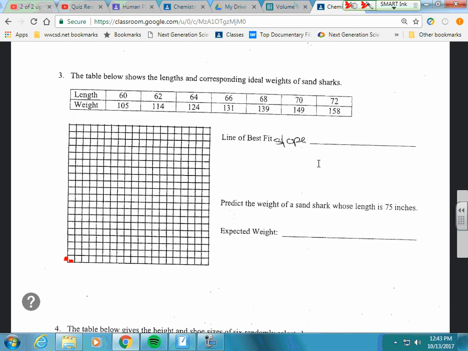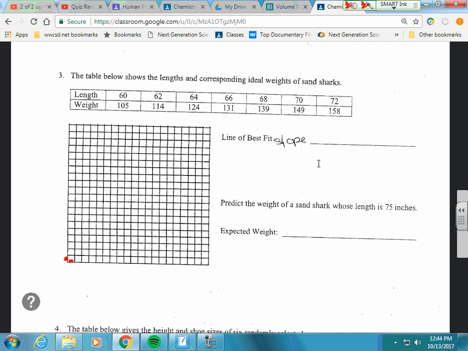What's wrong with the data? The length is 60. 60 what? What are the units? How do you know? You don't know. That's the problem with the data. They didn't provide units. We always want to know units.